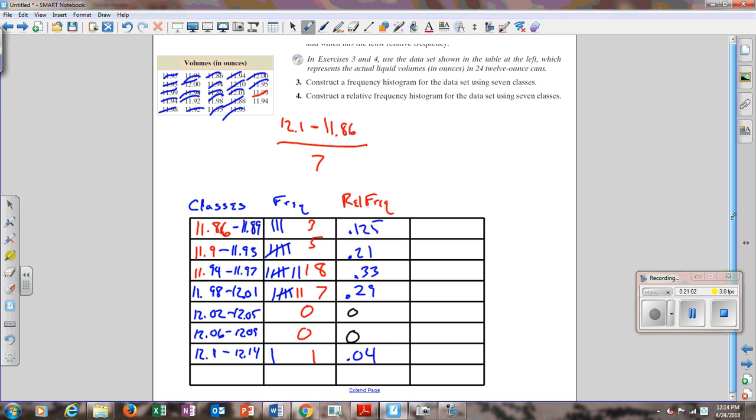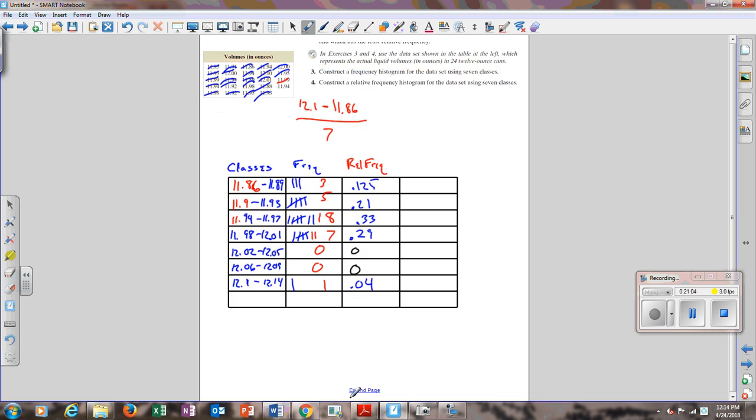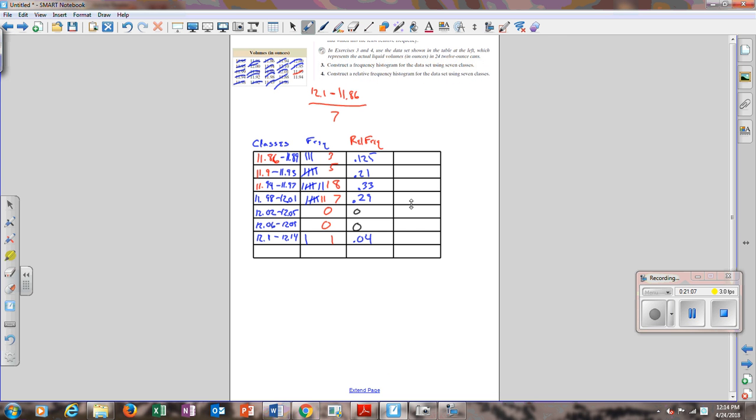Okay, now we have to construct a frequency histogram and a relative frequency histogram. So, we'll do our 2 lines. I can start with the lowest endpoint if I choose. Now, you're always going to see that on the graph.